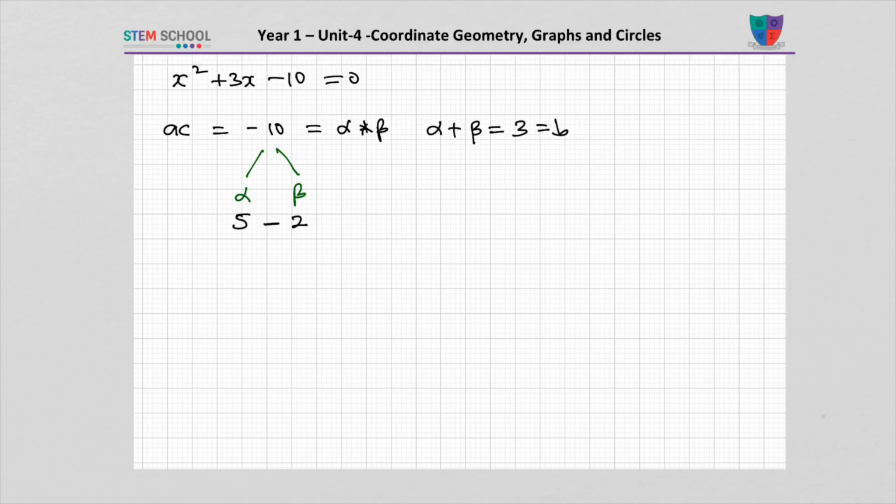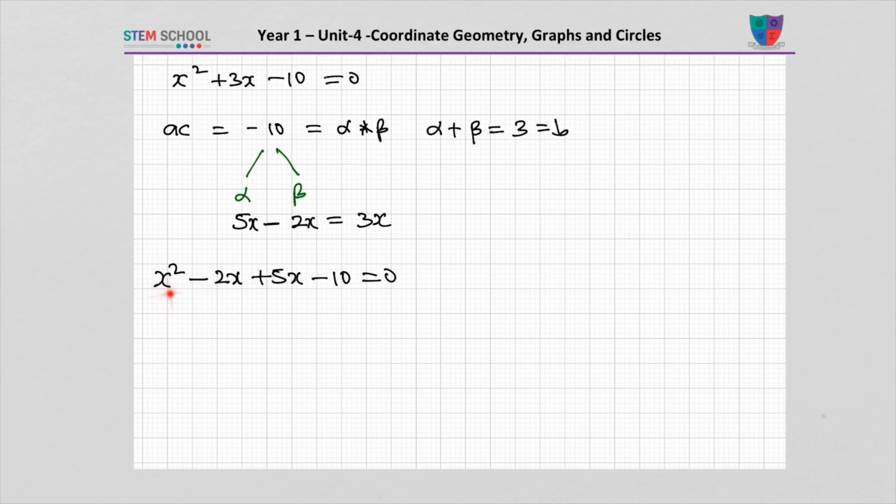So I would get 3x. So I can replace 3x here with 5x minus 2x. So now I've got x squared minus 2x plus 5x, which would be 3x, minus 10 equal to 0.